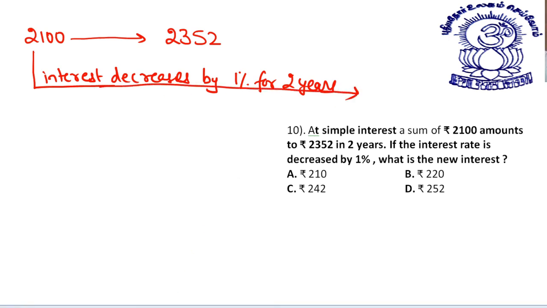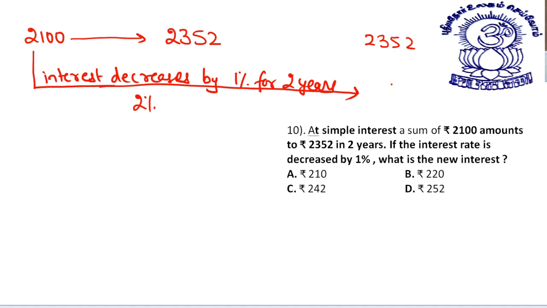Let me just check if the portion at which I'm writing is visible or not. Yeah, it is visible. Okay, so this is 2352. From this, I subtract 1% for 2 years. That means 2%. Okay, 2% of 2100.